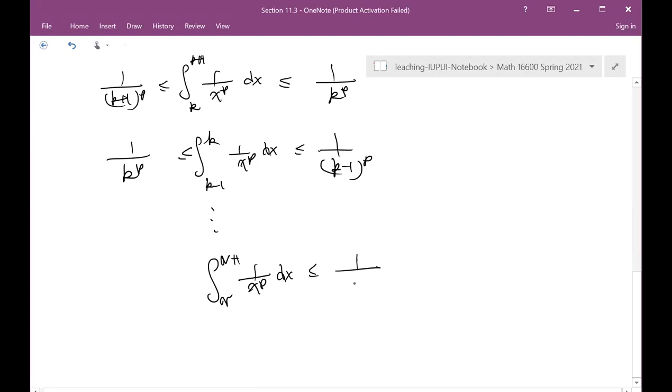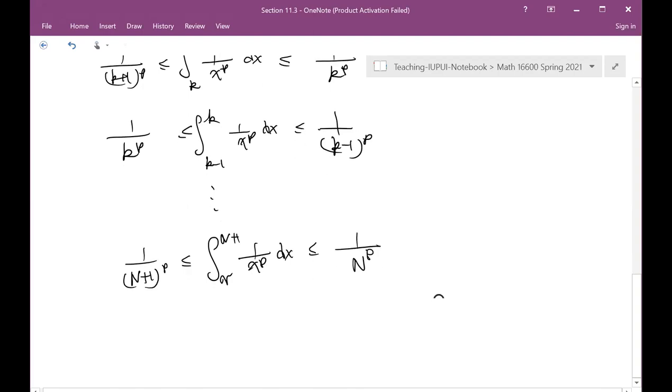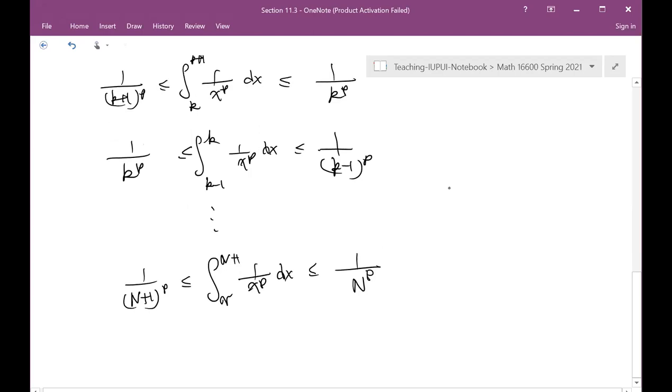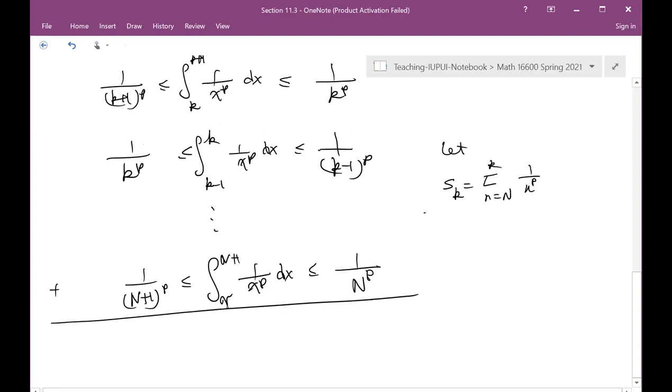Now, if I add them together, what do you get? I have to introduce a notation: x_k is the sum from n equals capital N to k of 1 over n to the power p. This is a partial sum. When I add them all together, this will be the integral from capital N to k plus 1.